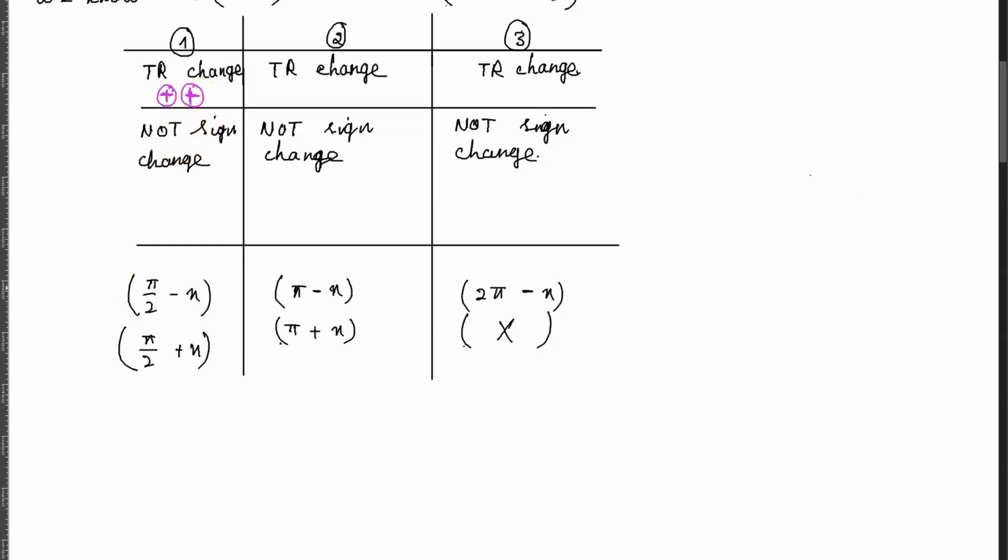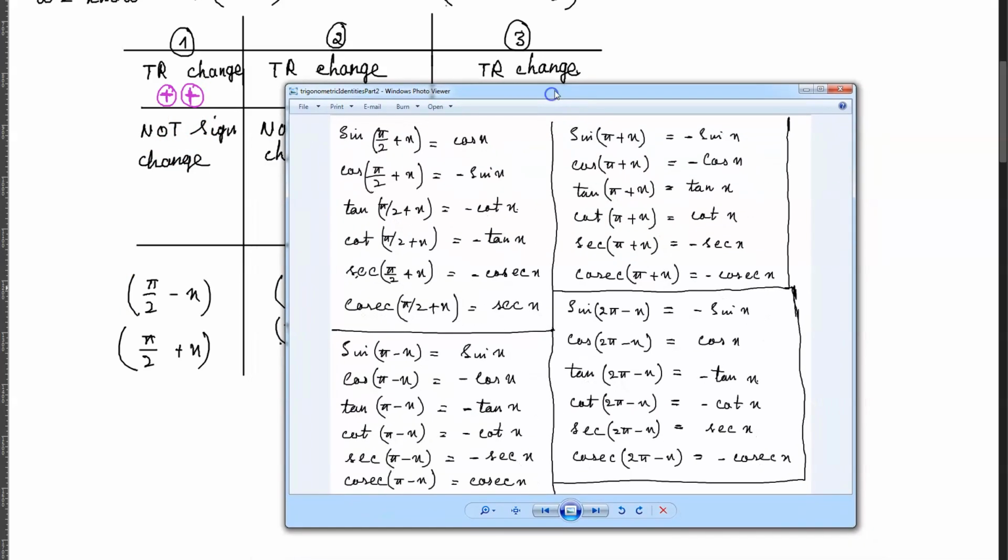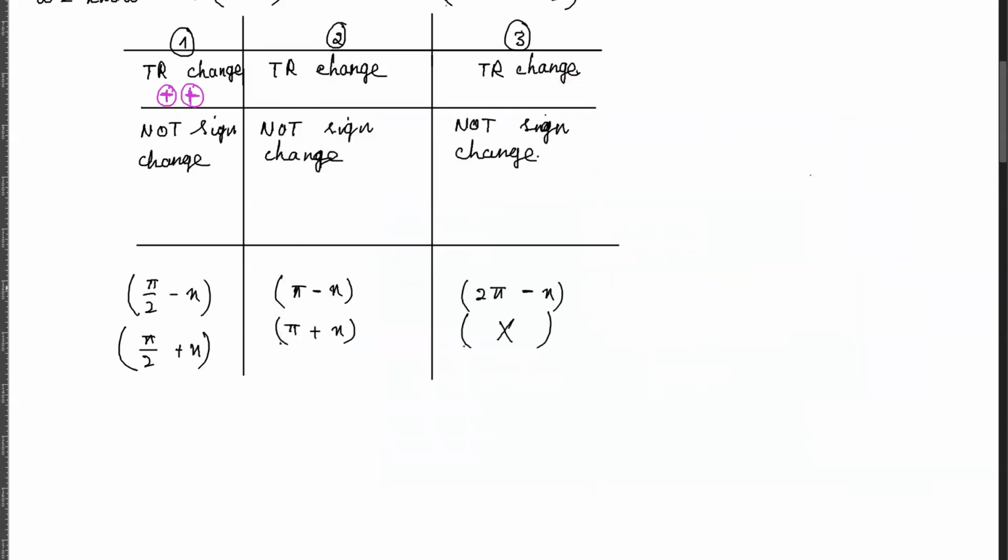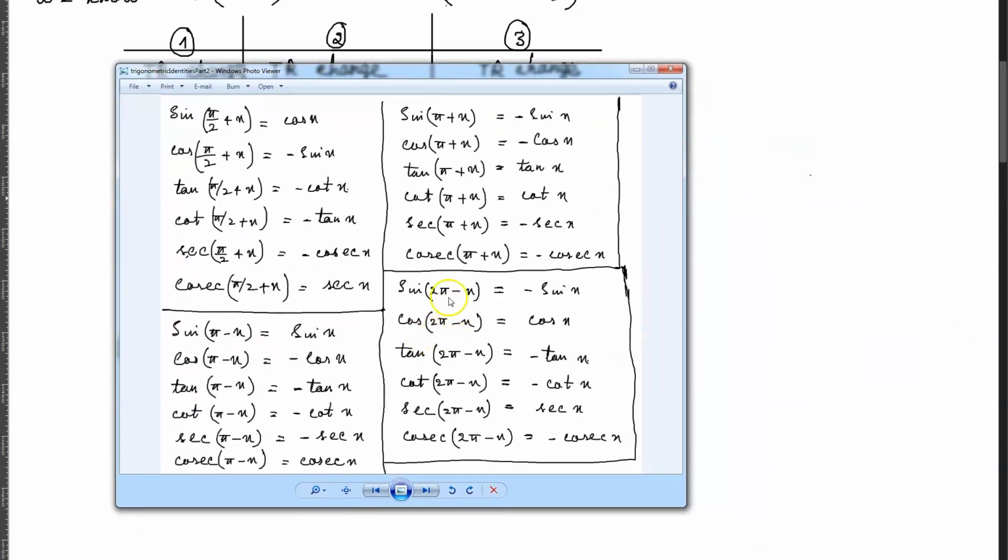Now if you take a look at pi, you can see that the trigonometric ratio does not change here, and also here the trigonometric ratio does not change, right? Which means that I have a negative here and a negative here, meaning that in none of these cases the trigonometric ratio changes. And in the case of 2 pi, you can see that the trigonometric ratio does not change.